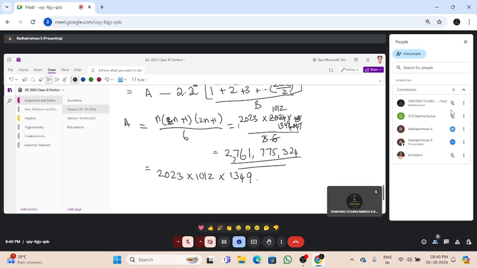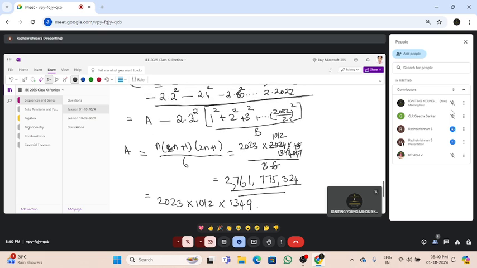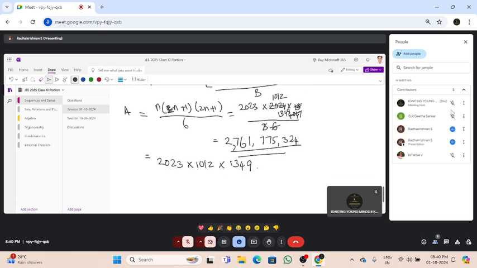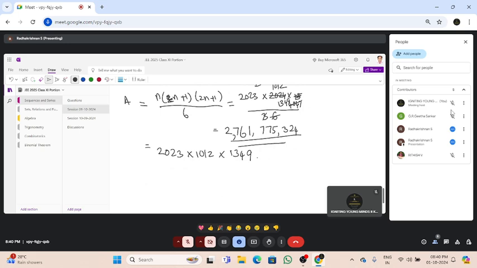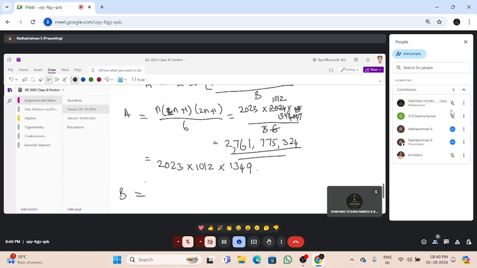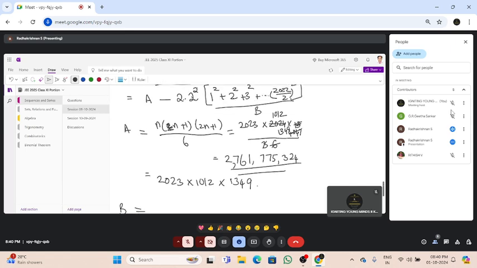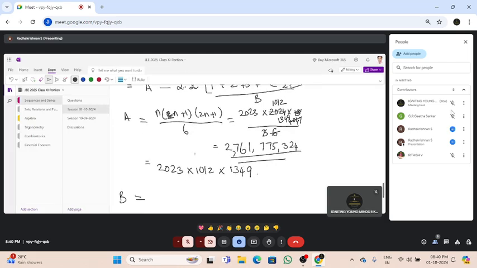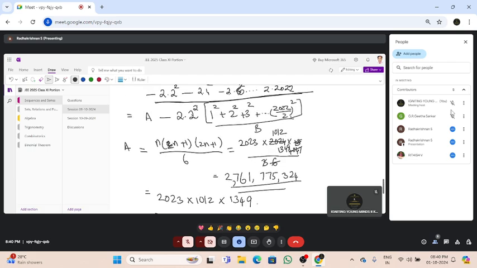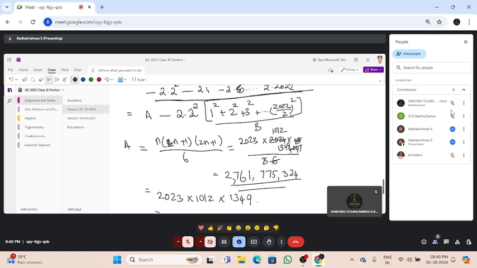So like that you find out what is B now. B equal to, here n is 1011, isn't it? Right? 2022 by 2, that is 1011, right?